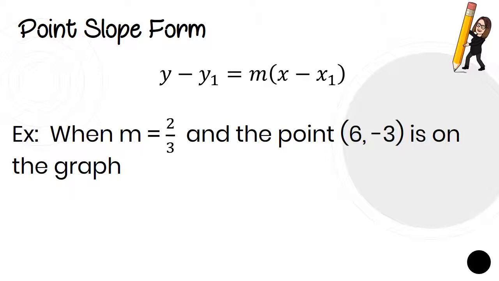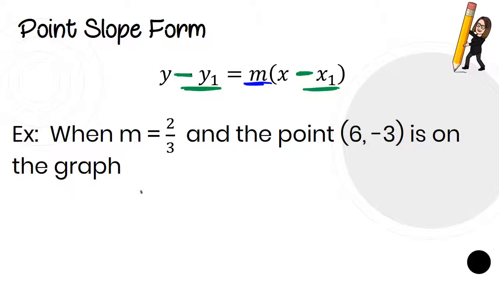Also in your foldable is point-slope form. So remember, point-slope form, your m is still in front of your x value, and you're given a point for your x and a point for your y, and remember that opposite sign rule, okay? That's going to be tricky. So to write my equation, I'm going to start with a template again.